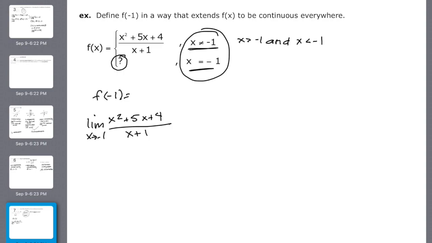So if I plug a negative 1 in here, I'm going to get 1 minus 5 plus 4, and that does, in fact, equal 0. So I have a 0 over 0 situation. My go-to method, of course, is factoring.